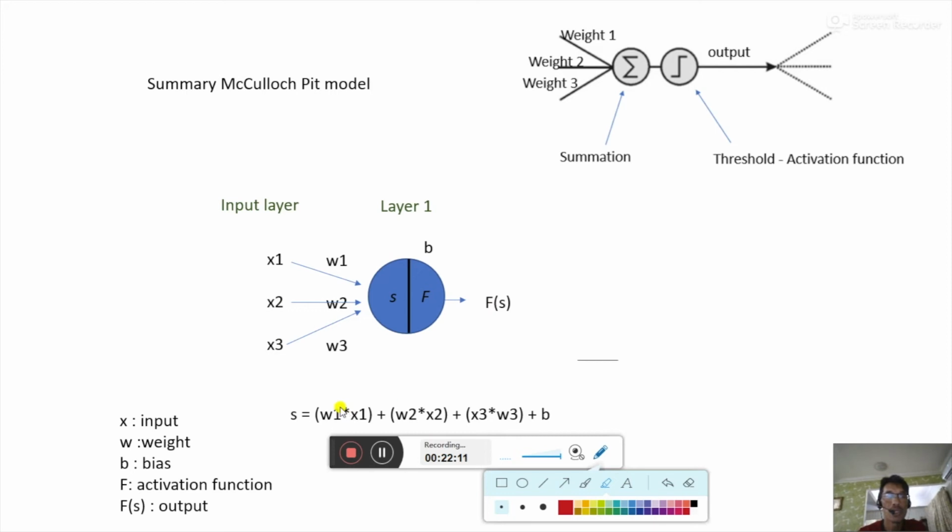Now look at how the summation happens. This is the summation.